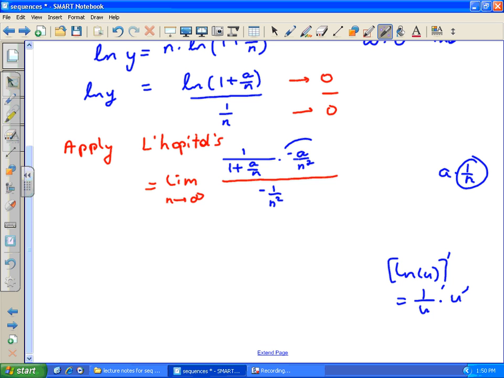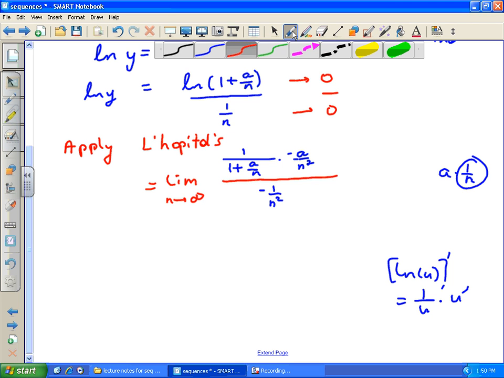Okay, that's my magical pen there. So a lot of simplifications that we can do at this point. The negative 1 over n squared from the bottom cancels with negative 1 over n squared from the top. So I'm left with the following. The negatives cancel completely, so I have 1 over 1 plus a over n.